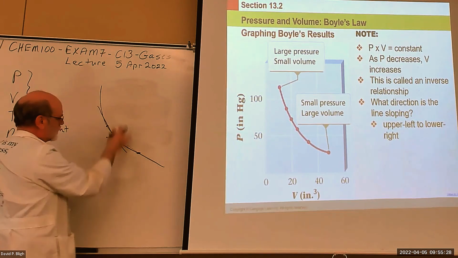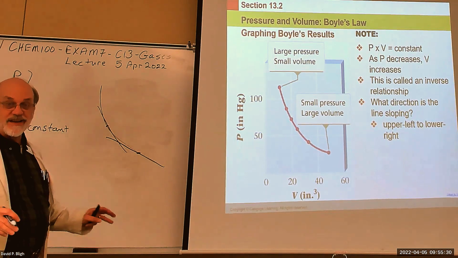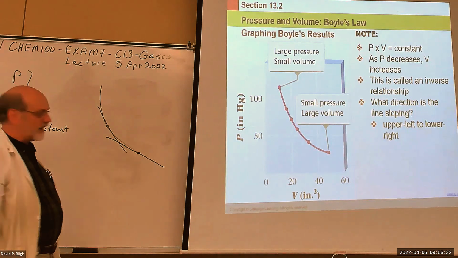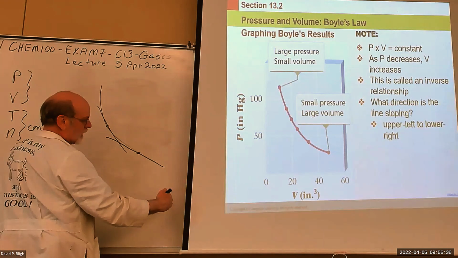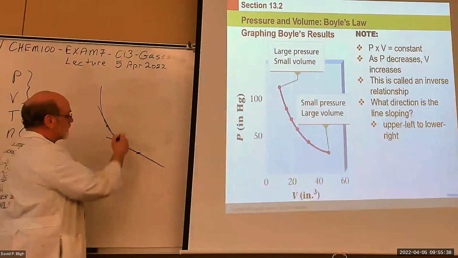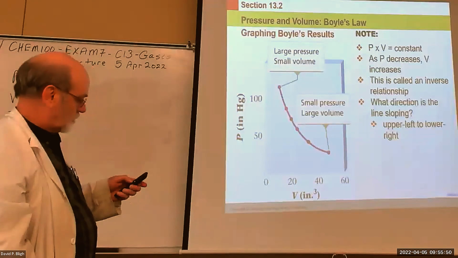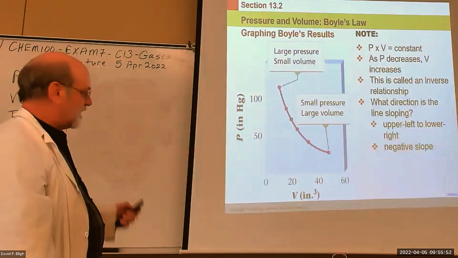That slope would be different than this slope, but it's always negative. A negative slope goes from high to low, left to right. Positive slope goes low to high, left to right. Right? If you remember your algebra and straight line equations. Okay, negative slope.